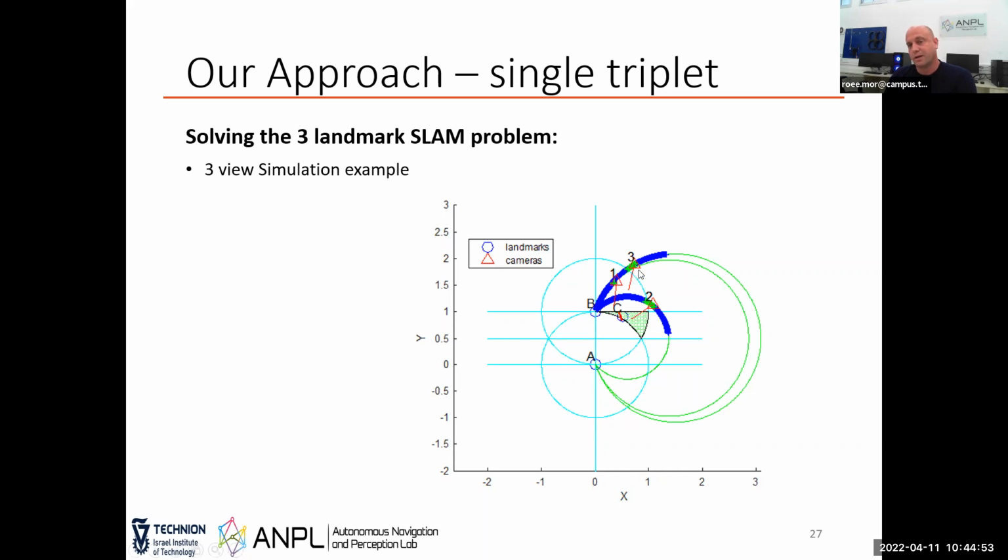Okay, so it's very much constrained, and you have very few samples left. And then the location of landmark C triangulated from these three views is the red line you see here. Okay, so when you have more views, it's going to be very much constrained.